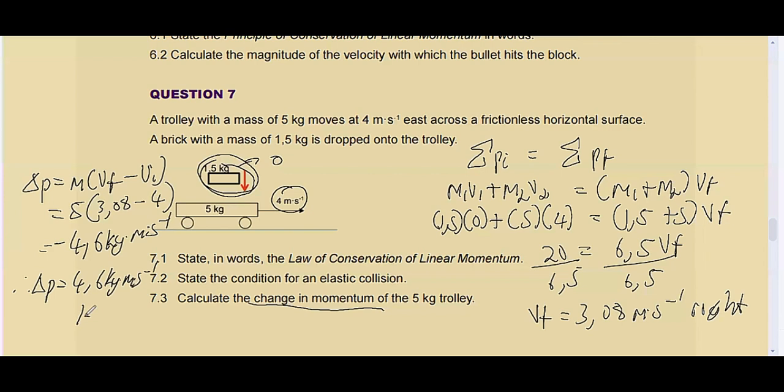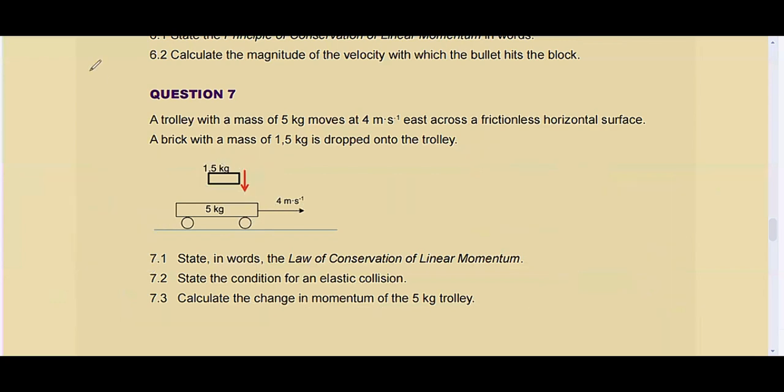To which direction? Left, right? Because there's the slowing down of this object, that means the change in momentum is acting in the opposite direction, right? Then let's still continue.